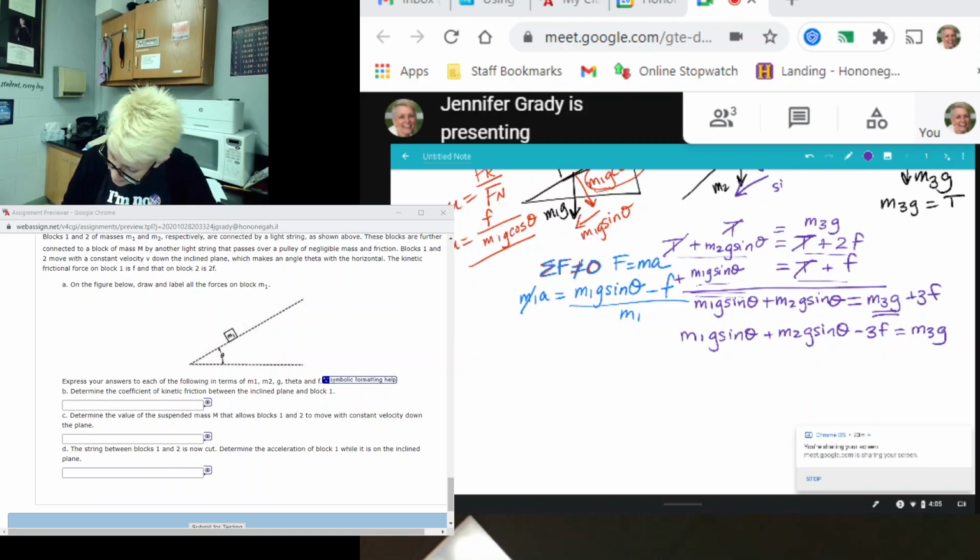And then I'm going to divide this whole congested mess by g. What's nice is that at least that will cancel. So, all right, M1 sine theta plus M2 sine theta minus 3F equals M3.